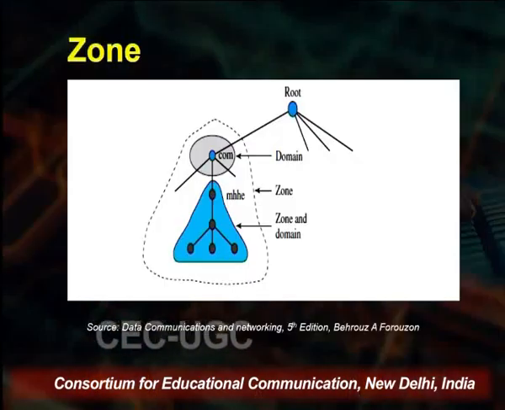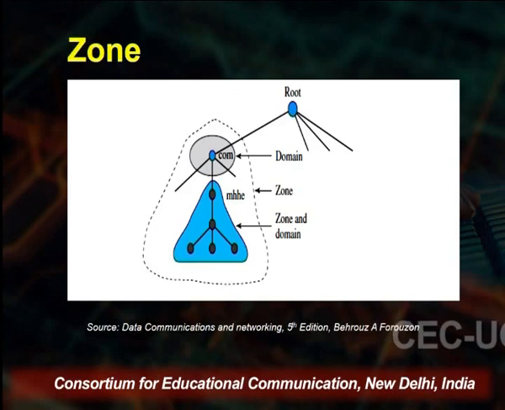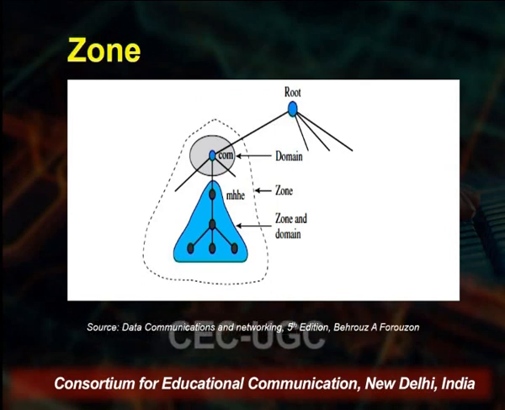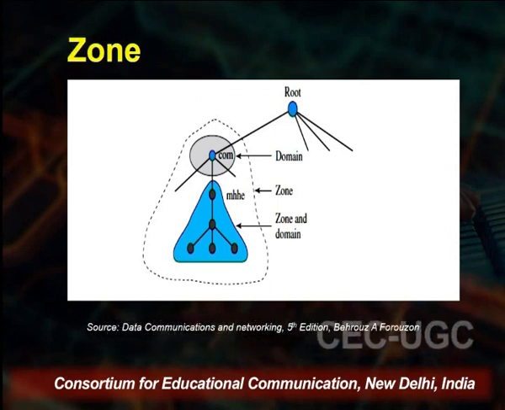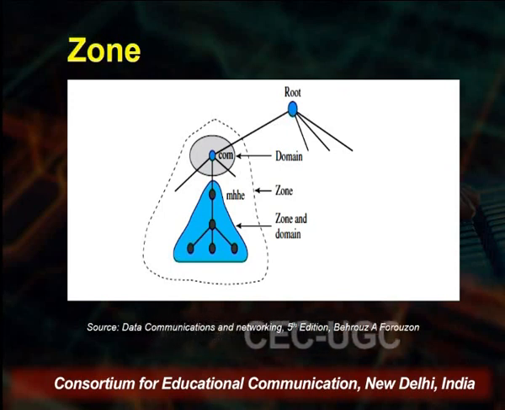If you see this diagram, it is very clearly shown that there is a particular server, say the .com server, and the .com server has a larger zone which it is dividing into several smaller subdomains, whereas for the lower level server, its zone and domain are going to be the same.